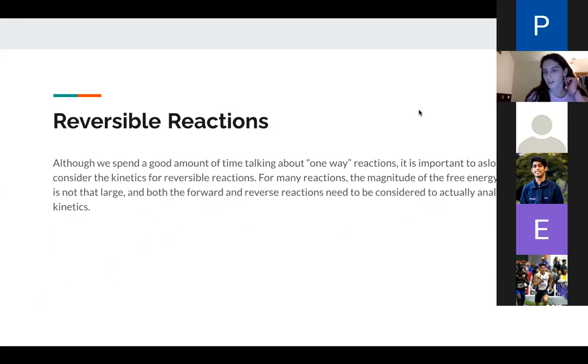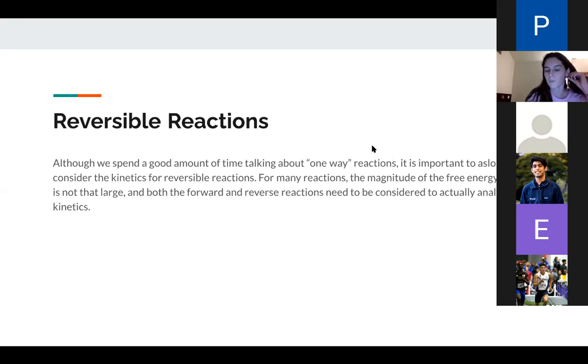Okay, and now we're going to switch gears and talk about reversible reactions. This is covered in lecture 25 and lecture 26. Although we spent a good amount of time talking about what we would call a one-way reaction, or just the forward reaction, it's also important to consider the kinetics for reversible reactions.